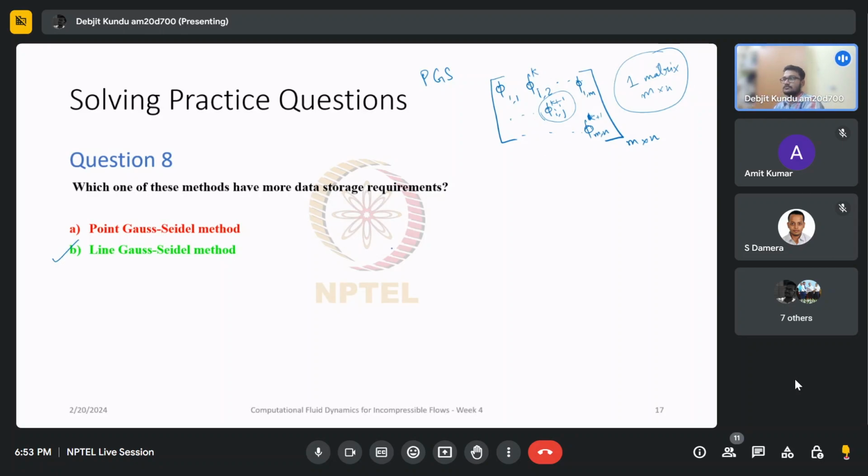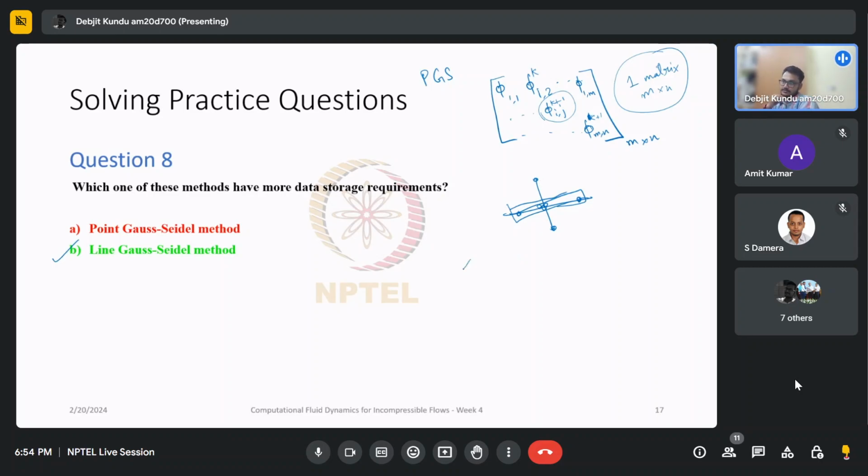Right. Now bear with me and come to line Gauss-Seidel. So in line Gauss-Seidel, what do we do? Let's say we are considering X sweep only. So using these three, we try to form an equation using these three and additionally these two other points.